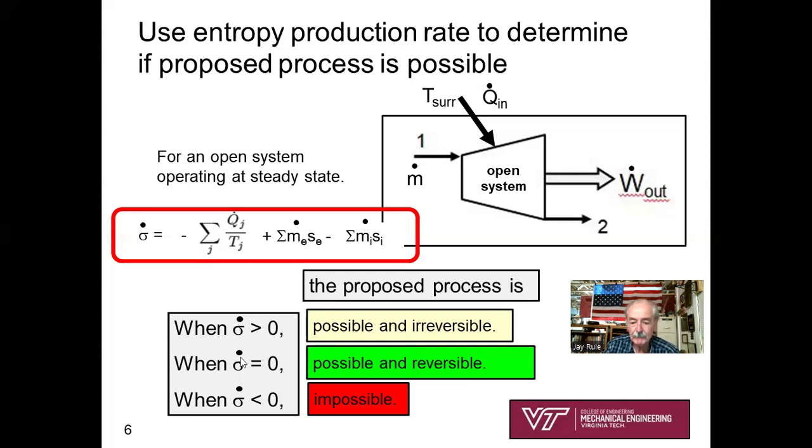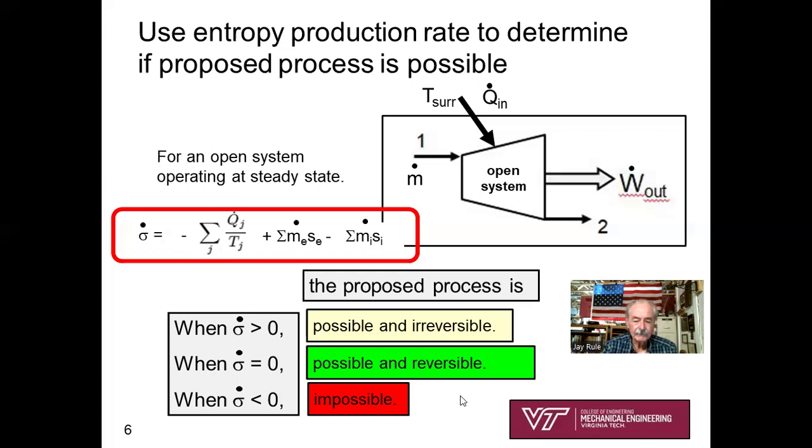Okay, when sigma dot exactly equals 0, not only is the open system possible, it is a reversible open system. And when sigma dot is less than 0, the proposed process is just flat impossible. Whatever the salesperson or inventor is trying to claim, that would be an impossible claim or proposal.